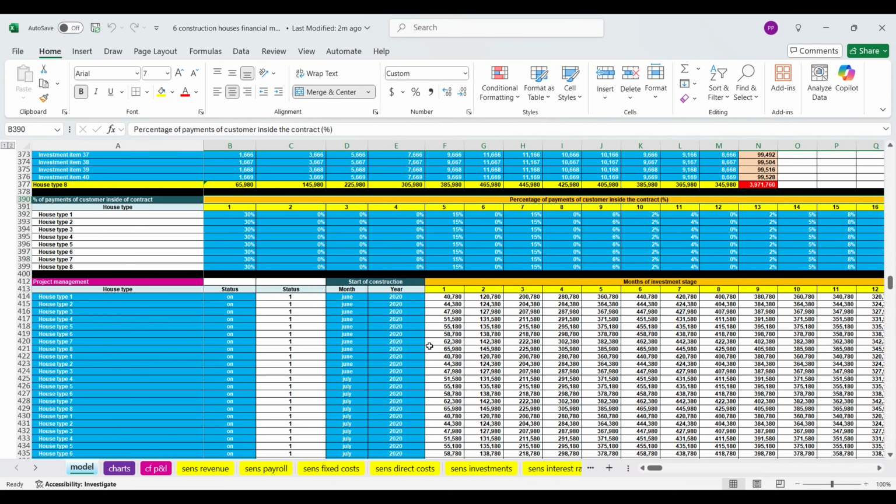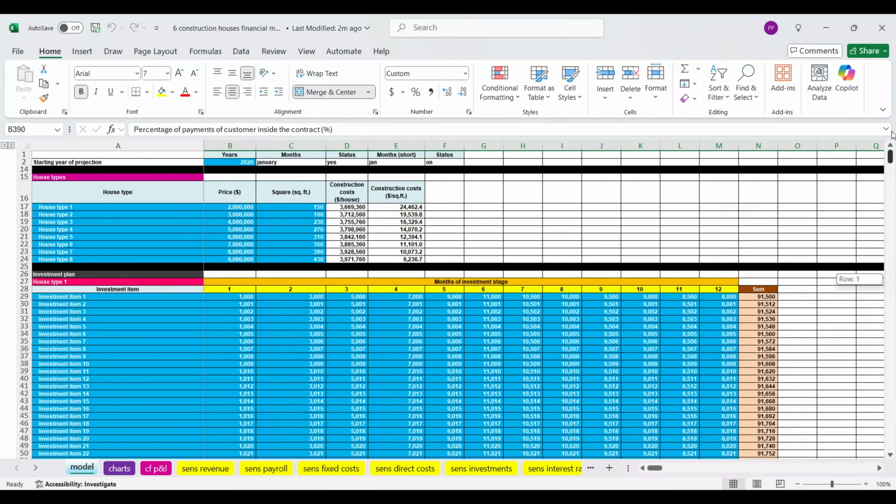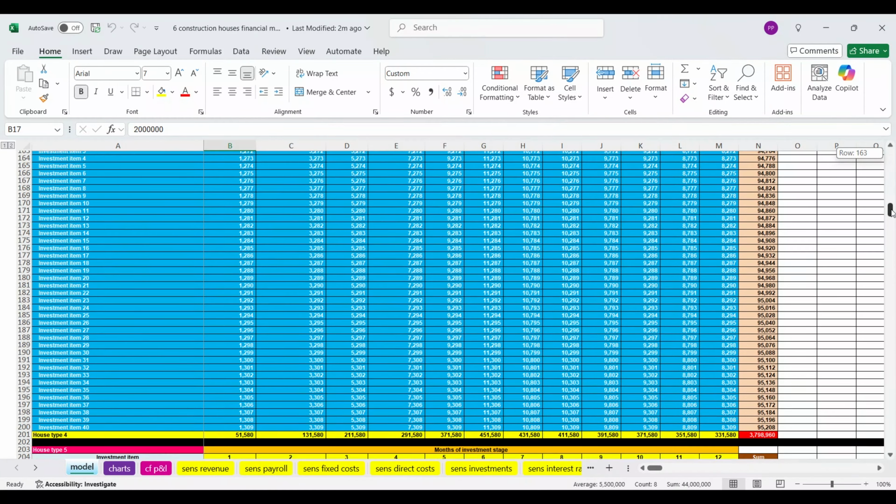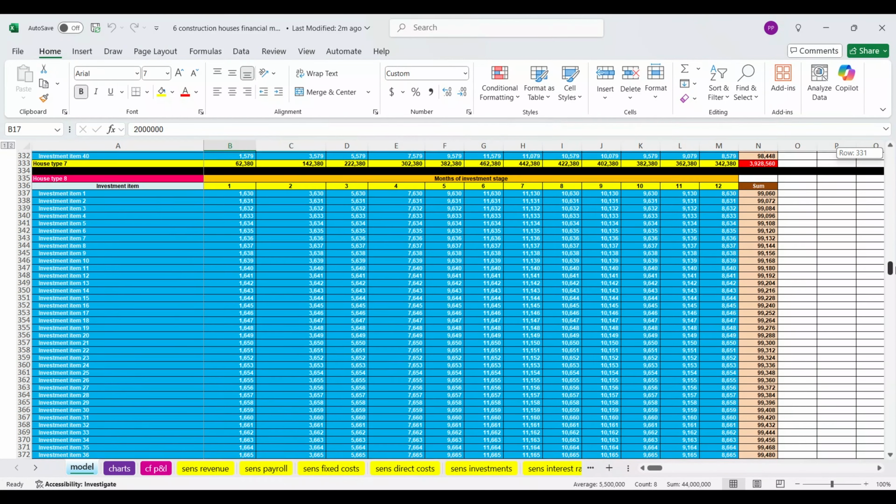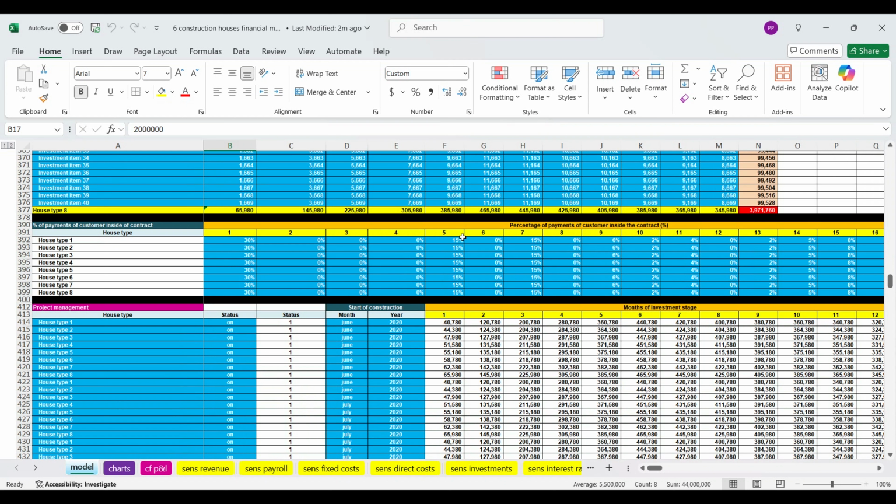So we may split the price. We have this selling price of the house, and we're saying that this price may be split in different payments.